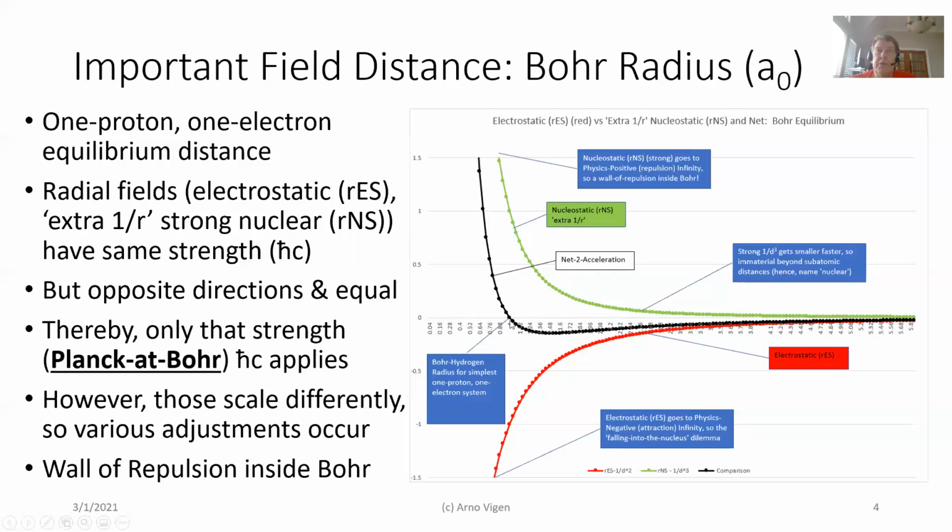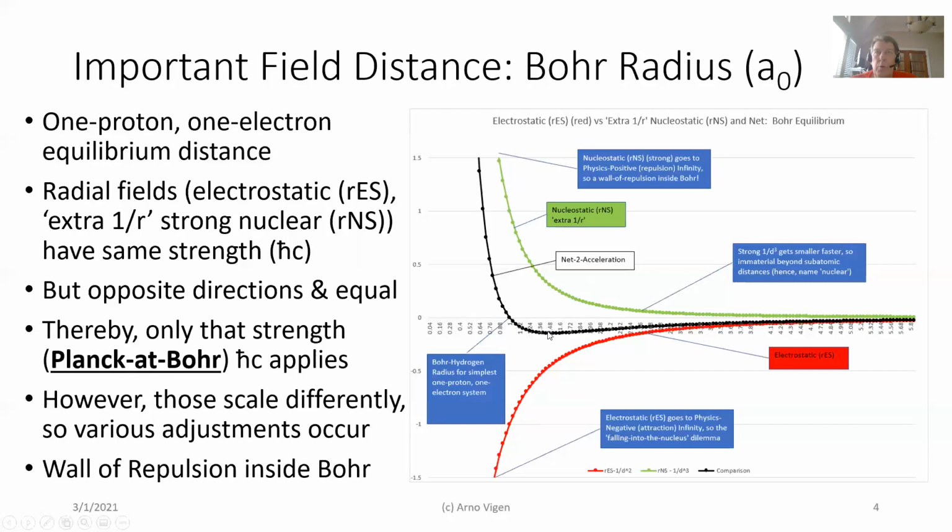Now everybody knows this, and this has a specific value. Both the positive and the negative here at this point are both the Planck energy at Bohr. So I call it the Planck at Bohr. This one is positive, pushing it away, and this one is negative, pulling it towards, the net being 0. So the electrons stay. If they get too close, they're pushed away.